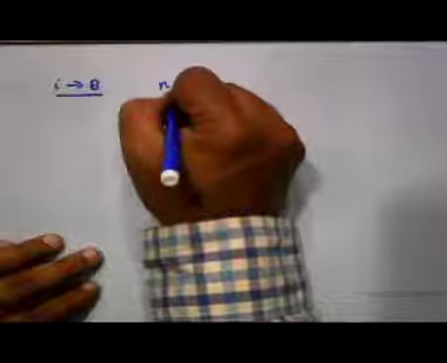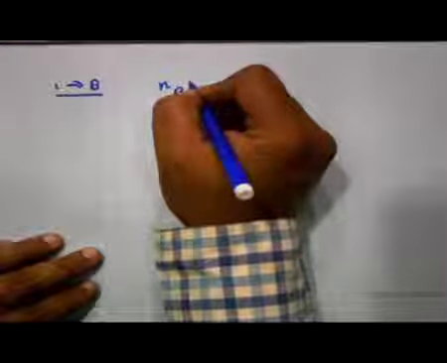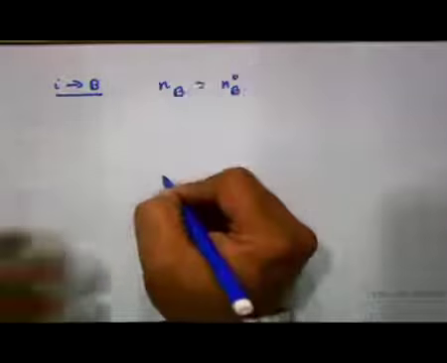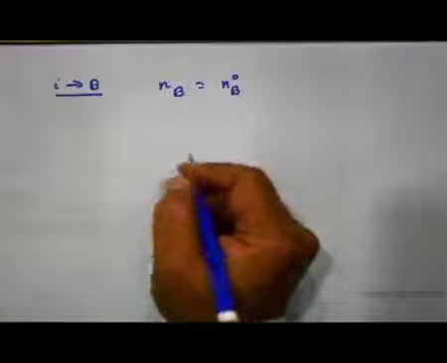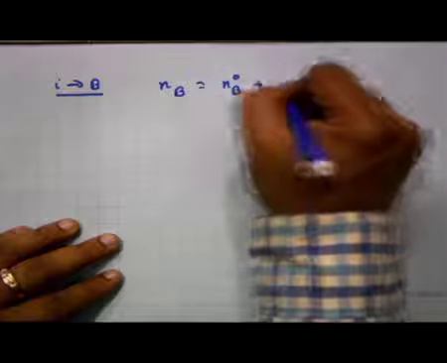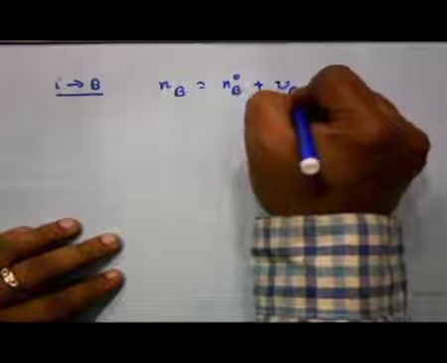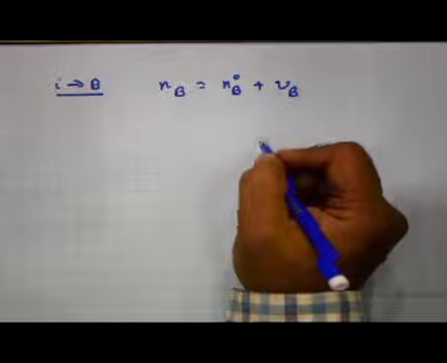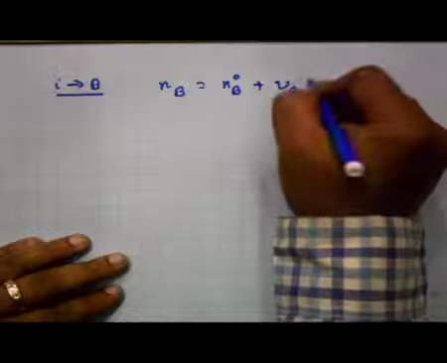Now let I be B, the reactant B, then obviously I have N B, which is the number of moles of B, is equal to N B naught, that is the initial number of moles of B I had present, plus nu B, the stoichiometric coefficient associated with the reactant B, then the corresponding xi.